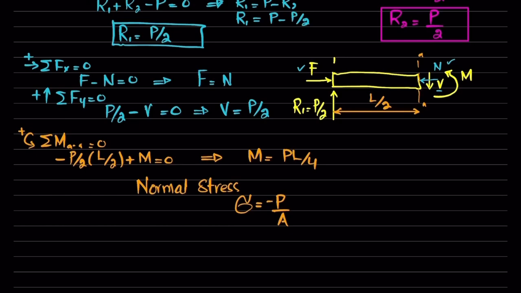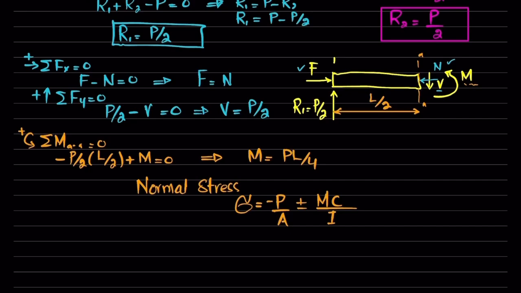This is compressive, so minus P by A, plus or minus the stress due to this bending moment. So this stress will be equal to M into C divided by I.